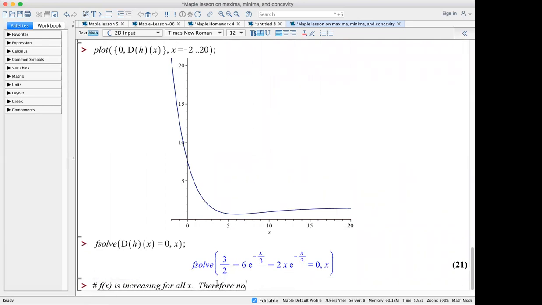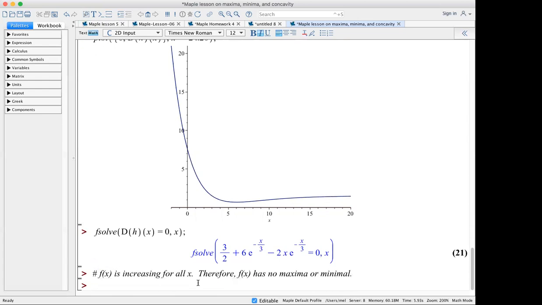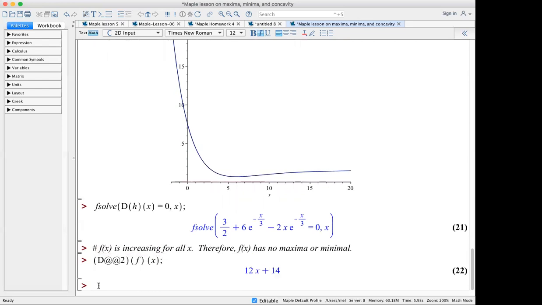Therefore, f of x has no relative maxima or minima. What about concavity? If we take the second derivative, it's this straight line.